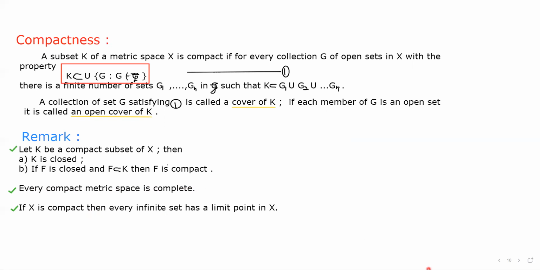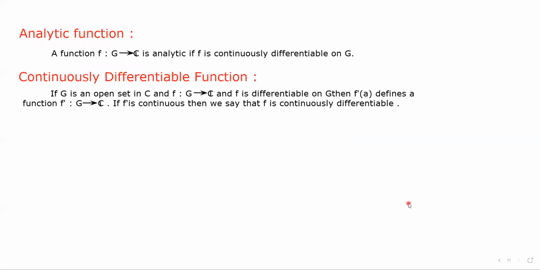So next is analytic function. What is an analytic function? A function f from G to C is analytic if f is continuously differentiable on G. Here G is a subset of X. What is meant by continuously differentiable?